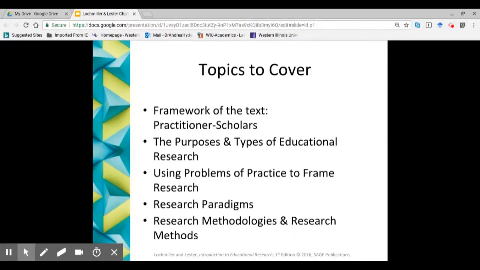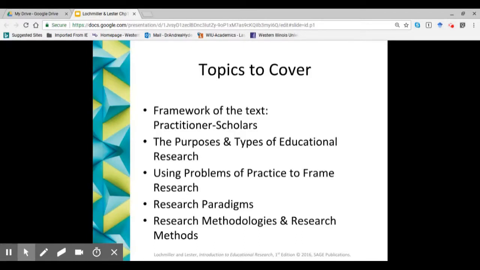Using problems of practice to frame research, and they're going to give you throughout this text 4 problems of practice so that they can keep going back to the same educational problems to emphasize the different questions, designs, methods, and analysis types that would be applied depending on whether or not you're using say a quantitative over a qualitative approach to the research.